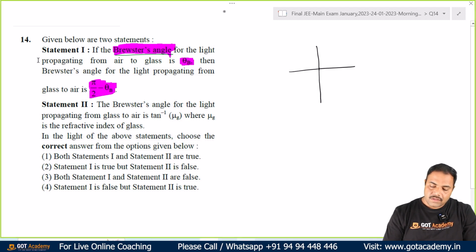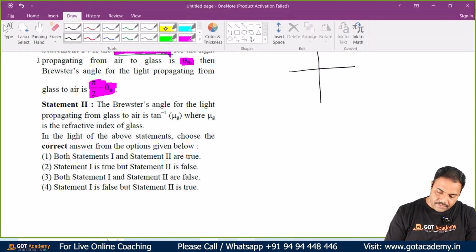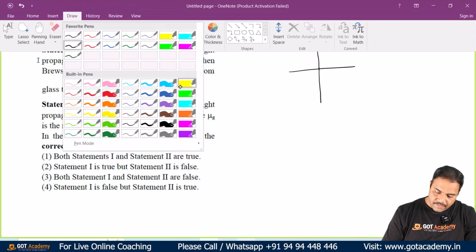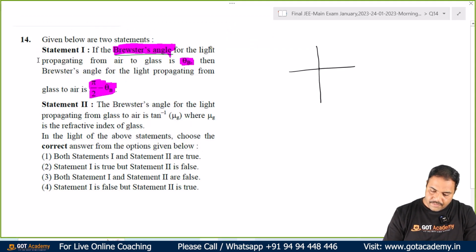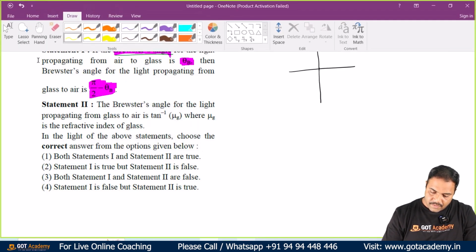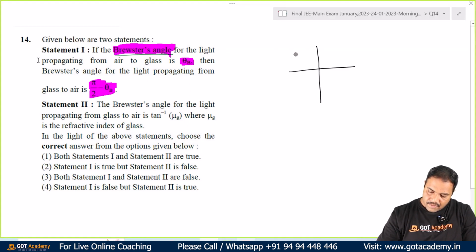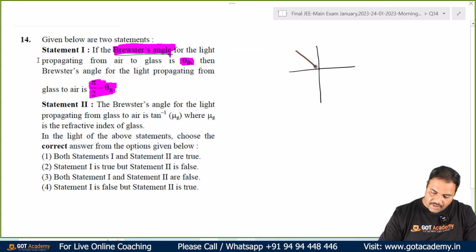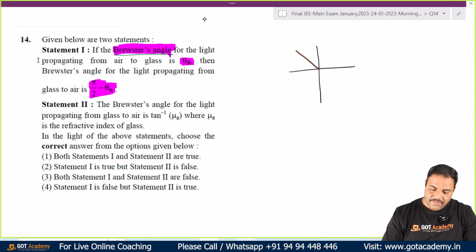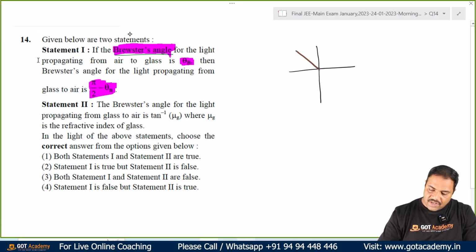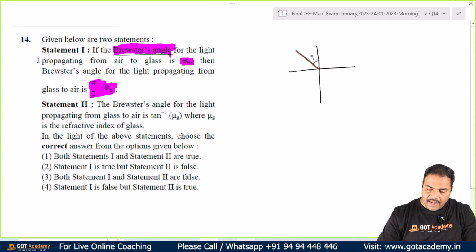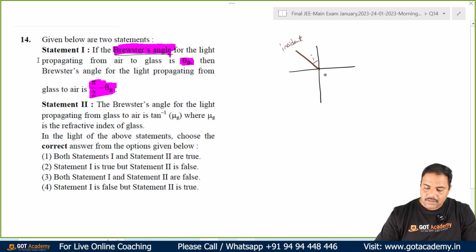Like this. Now, this is our incident ray making an angle I, and this is our refracted ray.